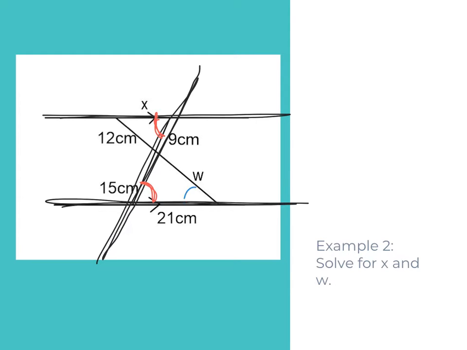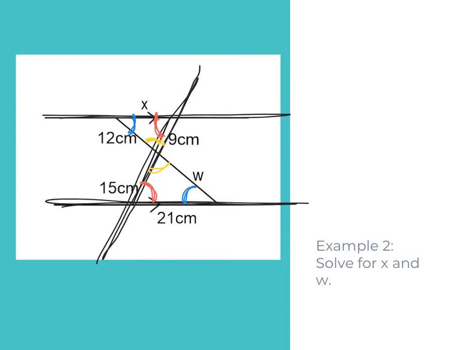Same reasoning then. This blue angle and this blue angle are alternate interior angles. And I can prove my yellow angles either because they're vertical angles or because they are the third angles, and I know the other two in both triangles.